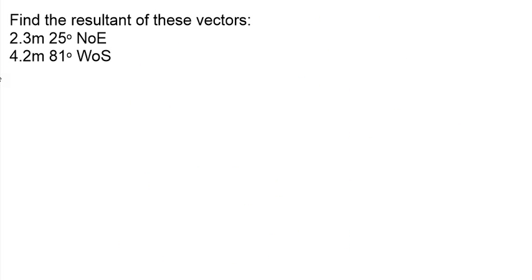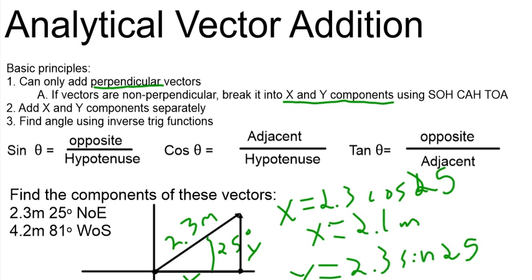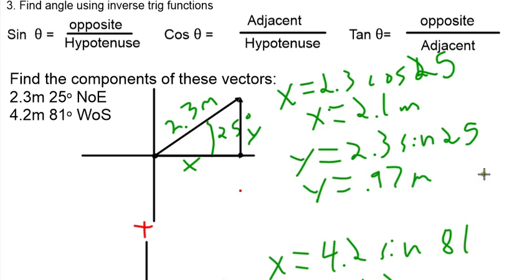Let's do a practice with two non-perpendicular vectors before we move on. So now, rather than just being north and west, we have 25 degrees north of east and west of south. What you'll notice is I've copied the vectors from the previous practice, and so we can go back here, and let's just copy these and move from there.